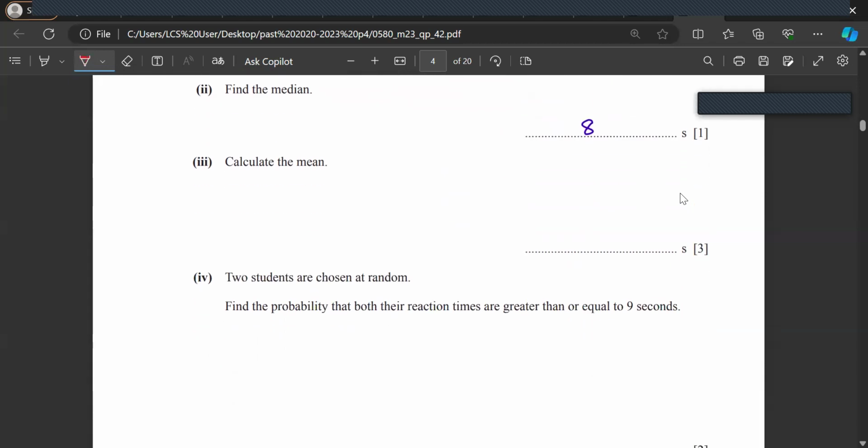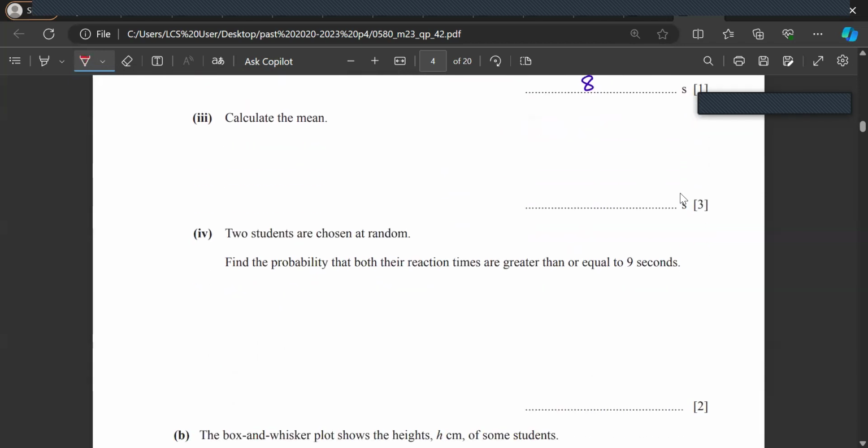Now he's telling me 2 students are chosen at random. Find the probability that both their reaction times are greater than or equal to 9. He said chosen at random, so it will be over 100 only, and the other one over 99, because he doesn't have to say without replacement in humans.